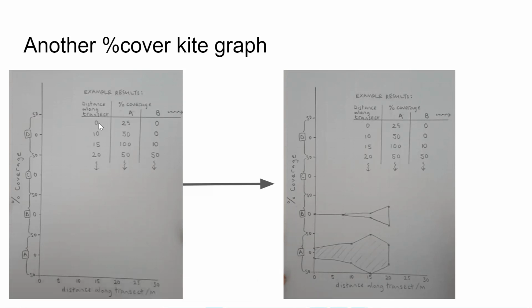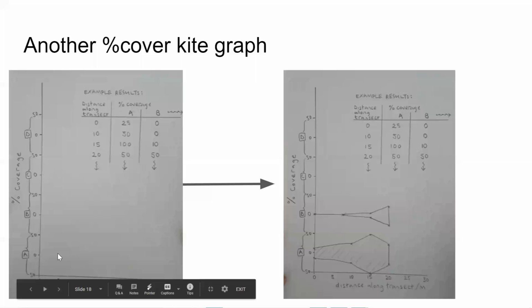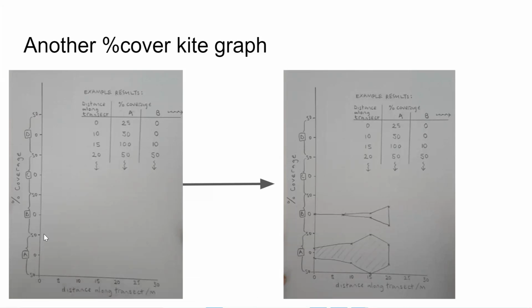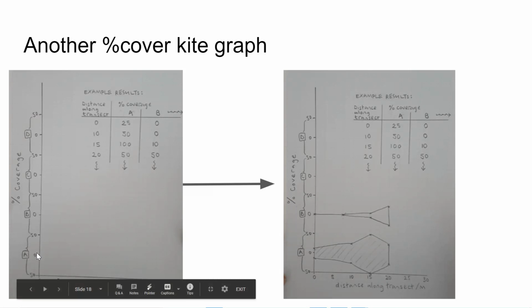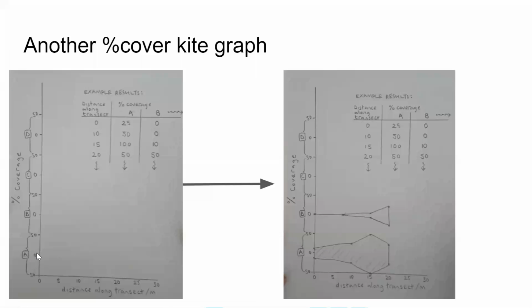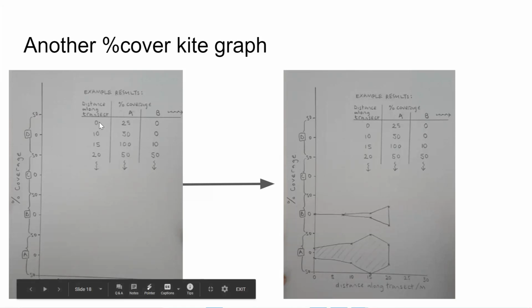So at 0 meters, A's percentage cover was 25%. So then you always have each species' own central line, which is the 0%, and 50% above and 50% below that central line. So if at 0 meters A was 25%, then you will take 2.5 centimeters above and below this 0 mark. That's taken here.